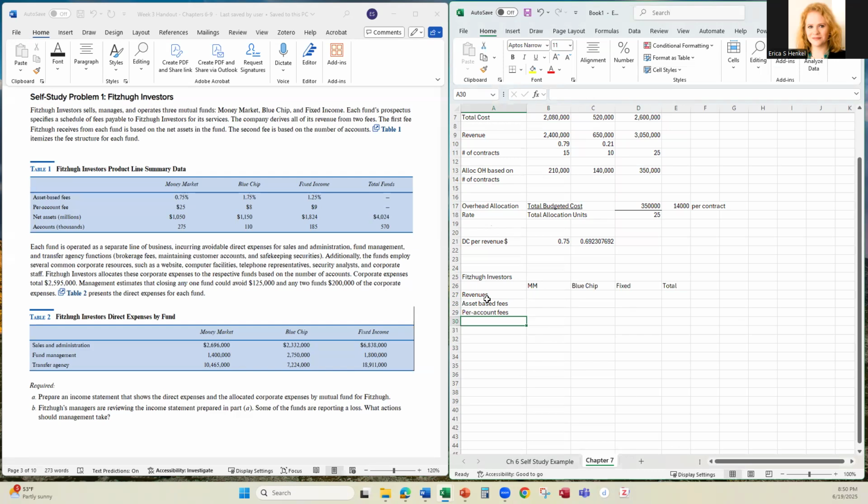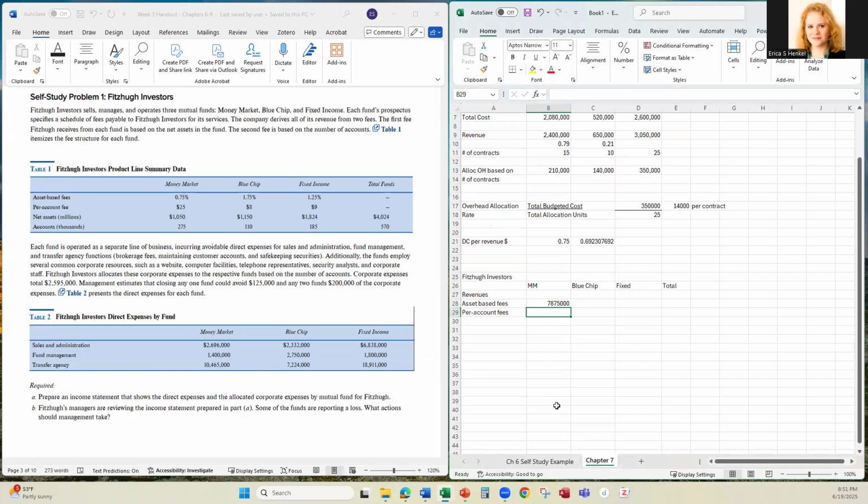If we have asset-based fees here for the money market, it's 0.75%, so 0.0075 times the net assets in millions. And because these are in millions, this is in billions, right? So 1,050 million is 1,050 million, right?